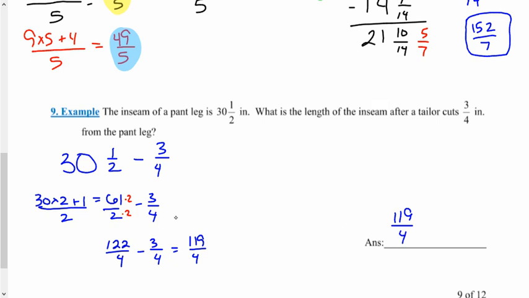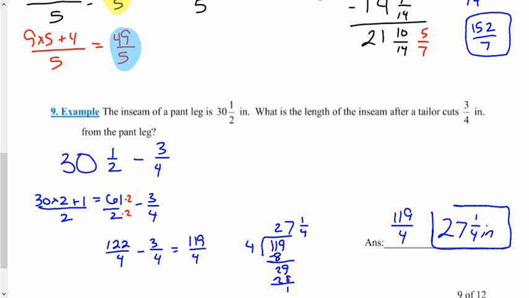Like, that doesn't make much sense. But if we do take 119 and divide it by 4, that's going to be 29, and then that's a 7 and 1. So how about 27 and 1/4 inches? Like that probably, no.